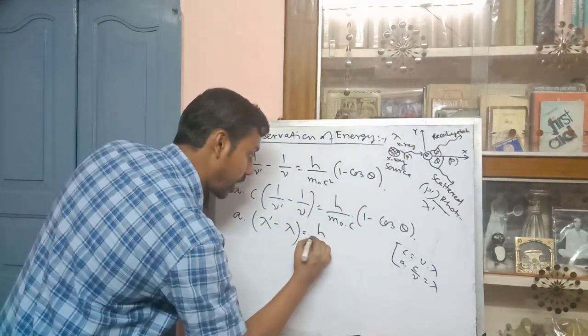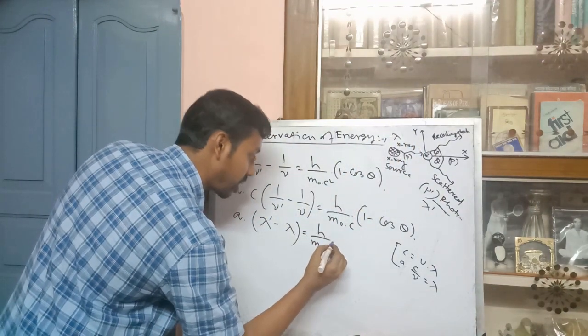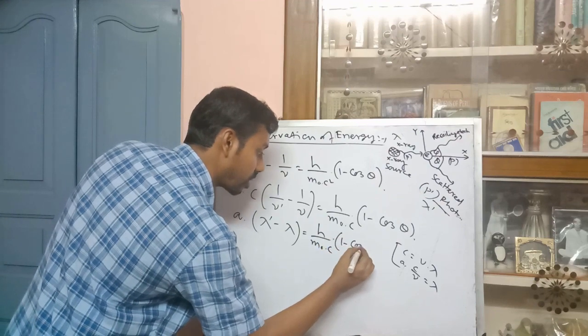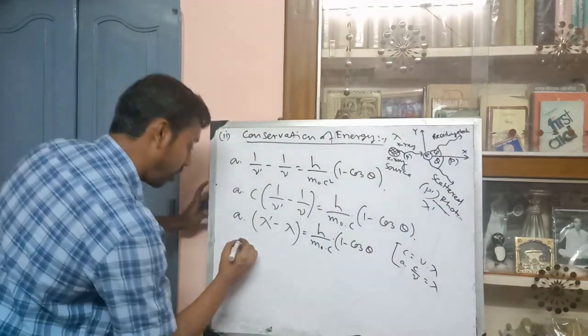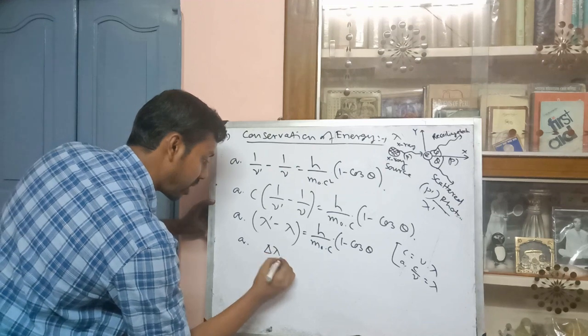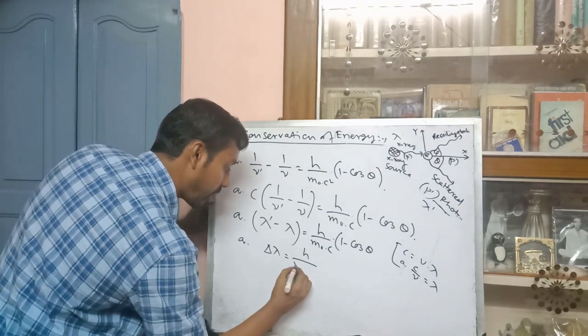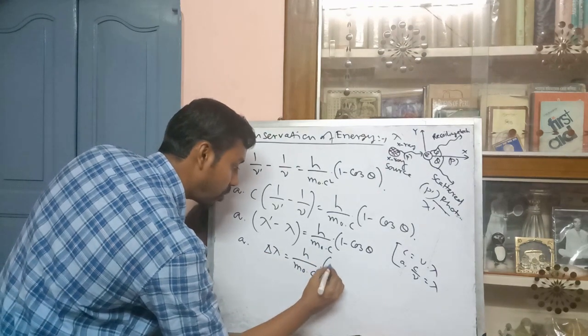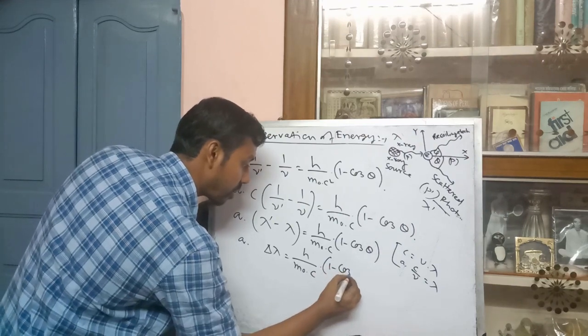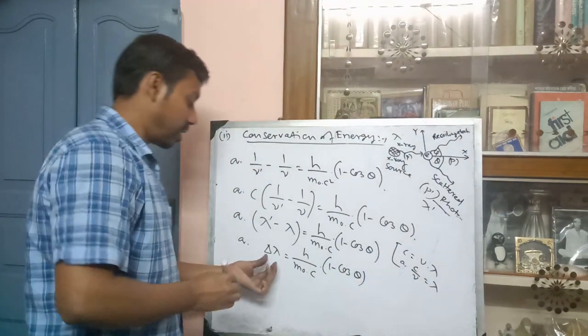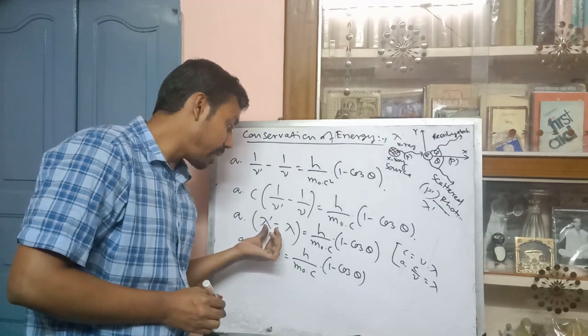That is equal to h by m0 c into 1 minus cos theta, or delta lambda is equal to h by m0 into c into 1 minus cos theta. Look, this delta lambda is equal to lambda dash minus lambda.